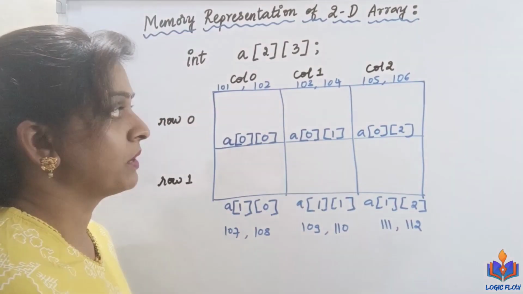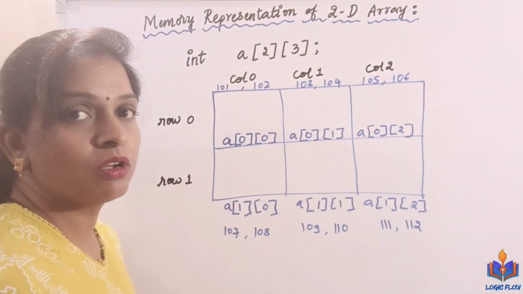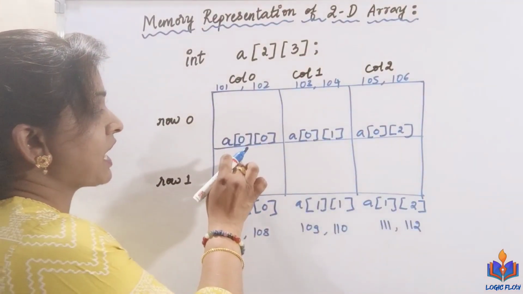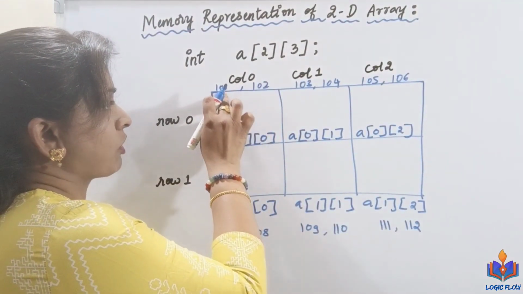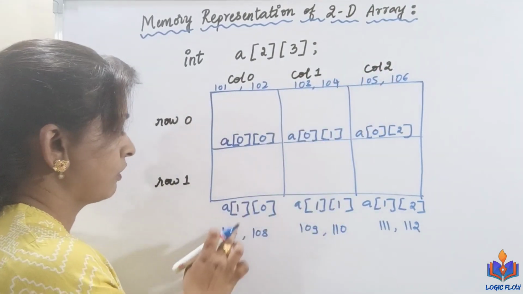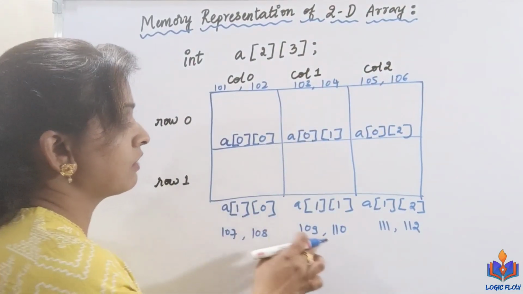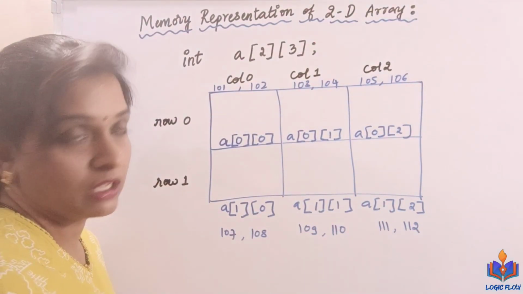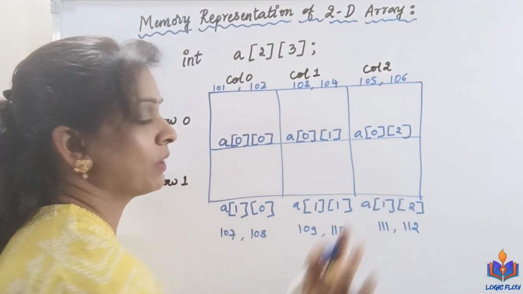So 6 elements, each 2 bytes. So how many bytes will be allocated? 12 bytes of memory. So what is the address of the first element? It is 101. Second, 103. Third, 105. Fourth element, 107. Fifth element, 109. And sixth element, it is 111. Memory from 101 to 112 has been allocated.